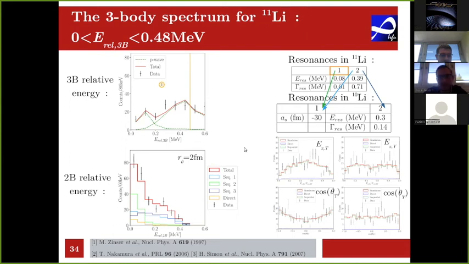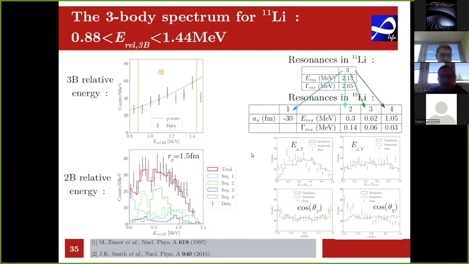Sorry, and we do the same for the next gate around 1 MeV, that we have fitted as the low energy tail of a resonance state in lithium-11 that is around 2 MeV.